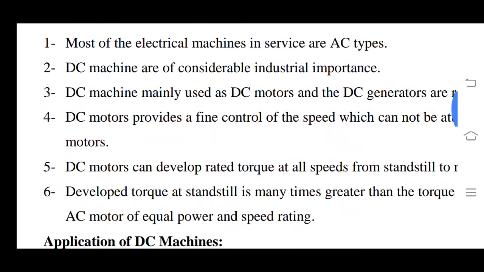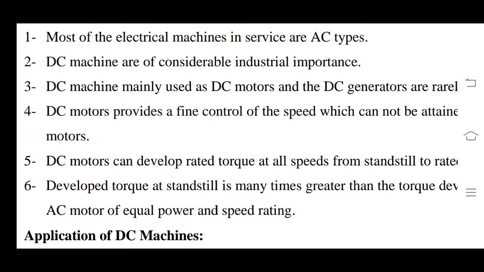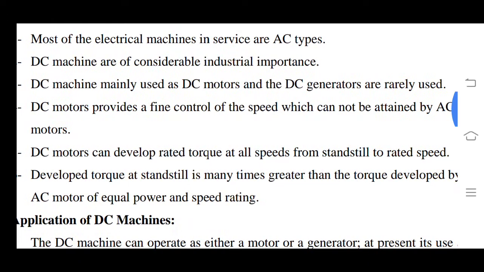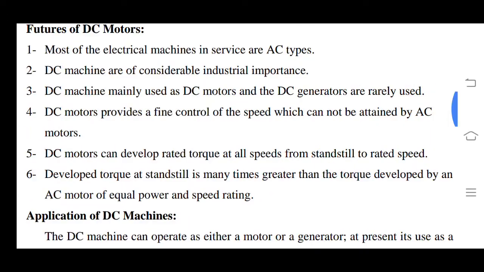DC machines are mainly used as DC motors, and DC generators are rarely used. So in DC machines, DC motors are mainly used. DC generators are rarely used because we can't generate a large amount of power by the DC generator, because of commutation failures and insulation failures between the commutator segments.